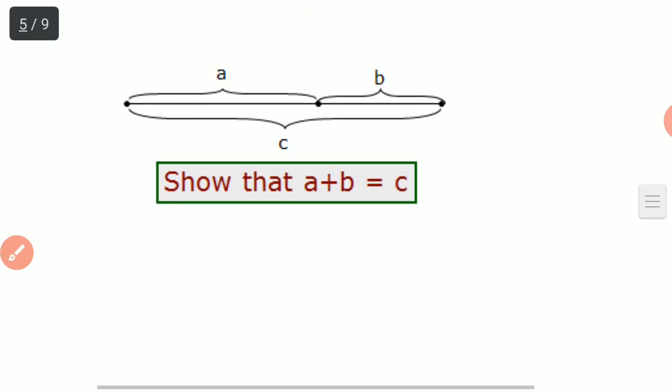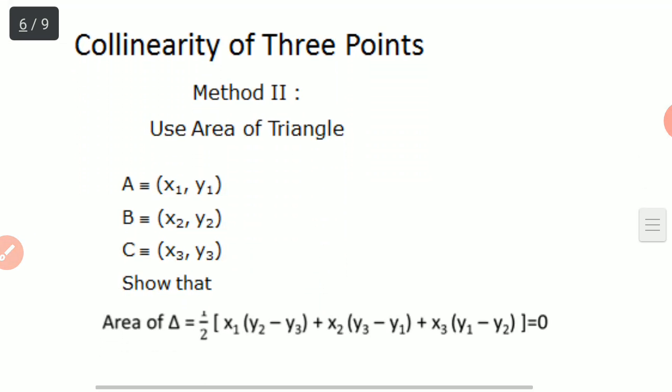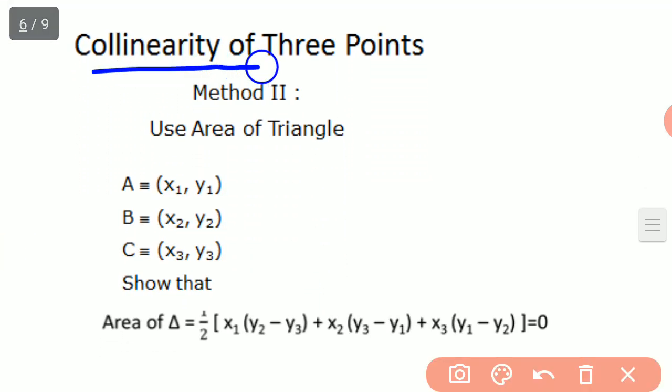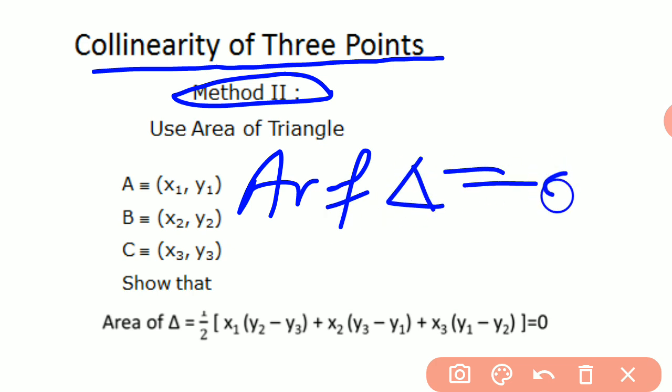And the second method for collinearity of 3 points is, we will use the area of triangle formula, and the area of the triangle becomes 0.